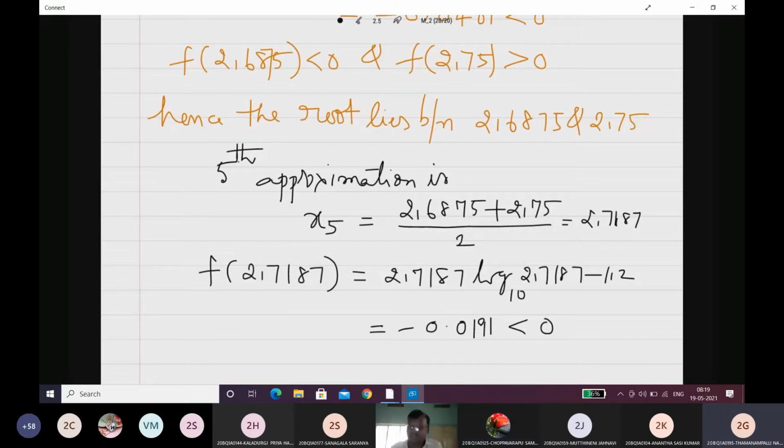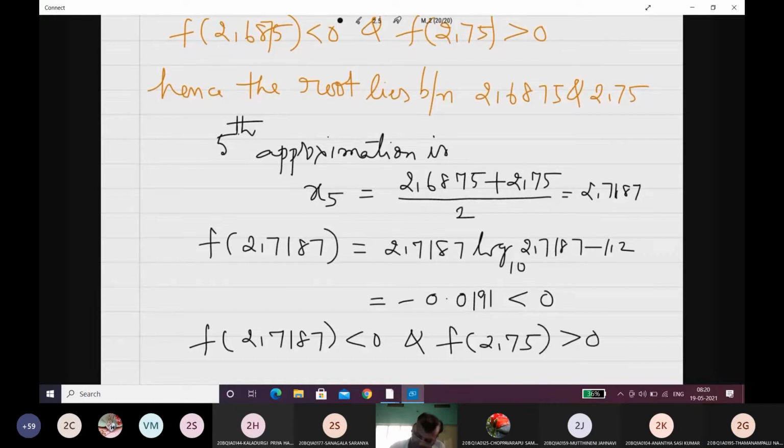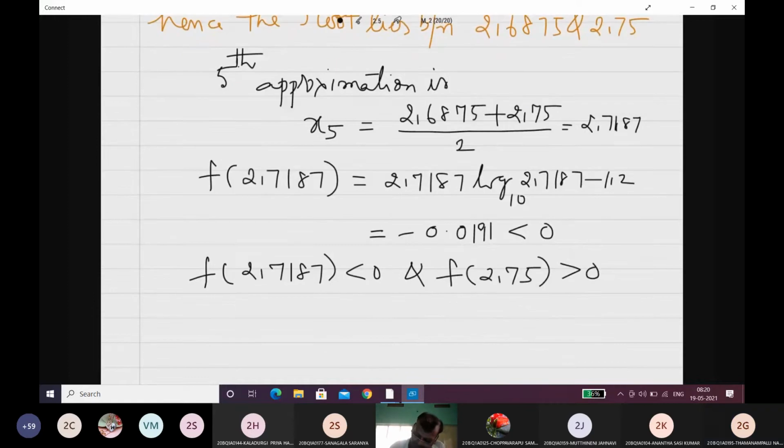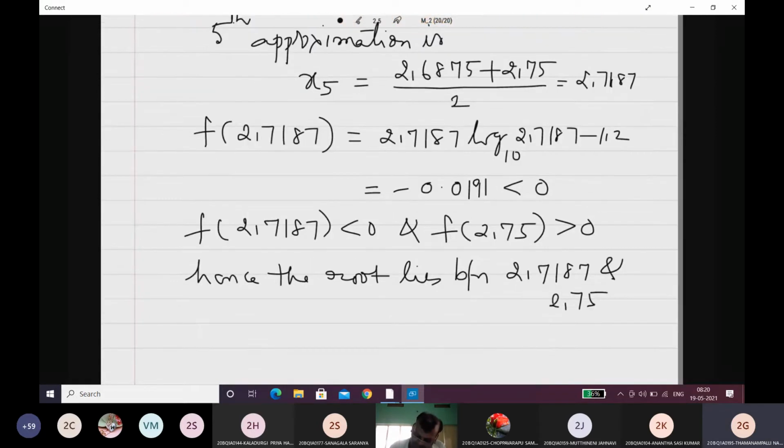Again we have to take the next one. f of 2.7187 is negative, and f of 2.75 is positive. Hence the root lies between 2.7187 and 2.75.